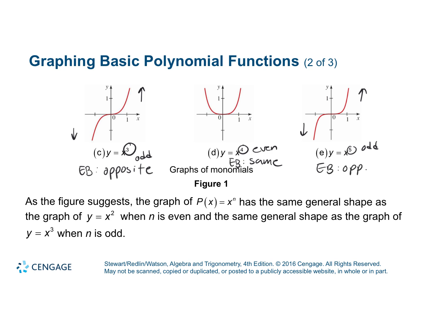So as the figure suggests, the graph of p of x equals x to the n has the general shape of the graph of y equals x squared when n is even, and the same general shape as the graph of x cubed when n is odd. Now, if you ever forget, just as a general rule of thumb, graph a linear function.